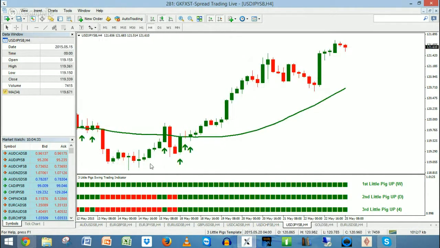USDJPY, finally, this is the one I reported on at the weekend. Really great entry here on close of this candle on the 18th. We got in somewhere around 119.63, 64, something like that. At the moment we're up about 200 pips on this trade. Basically a 20 pip stop as taught on the 1-on-1, so about 10 times our initial risk at the present levels.